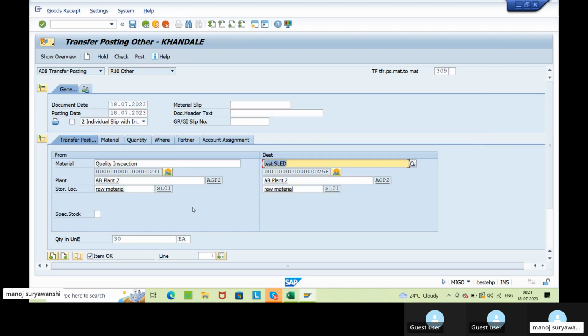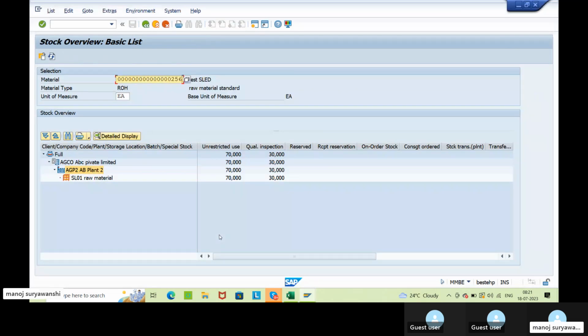Why it is asking vendor? Should not ask vendor.